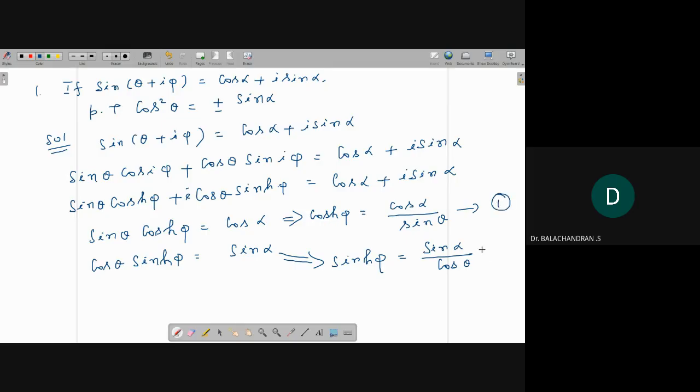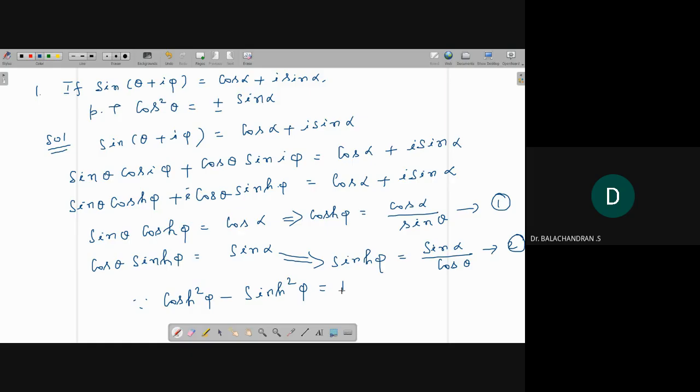So from this you can eliminate phi. I need to prove this one. So now I am going to use the identity, cosh square phi minus sinh square phi equal to 1.